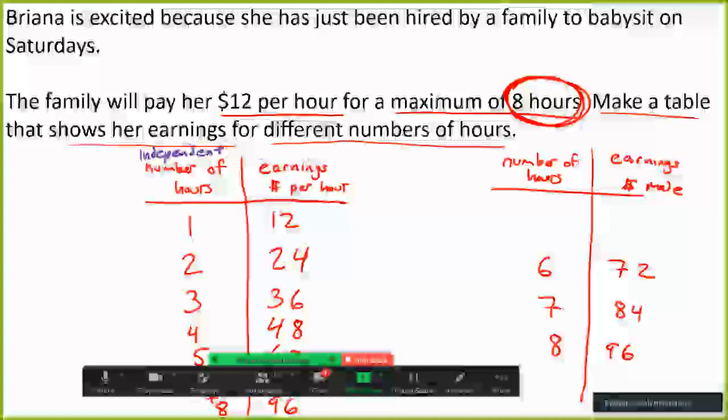And then earnings, her money per hour, that was dependent, because the money she makes is dependent on how much time she worked, right? So we have to know her hours worked to figure out her earnings. Any questions or comments so far? Please.